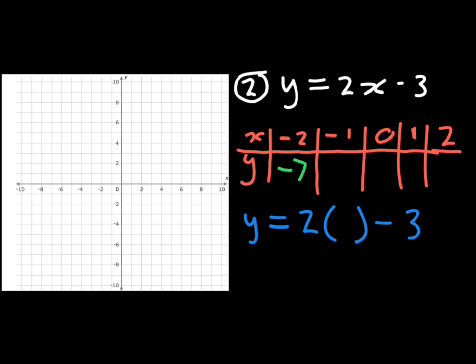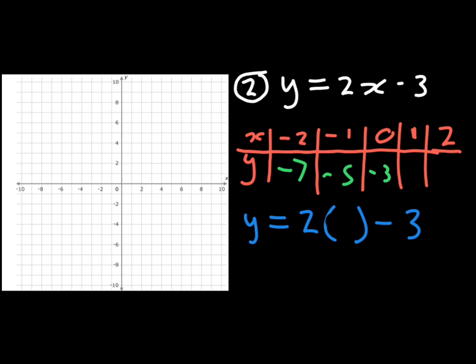Next, we have an x value of -1. So 2 times -1 is -2. Minus 3 gives us -5. Our next x value is 0. So 2 times 0 is 0. Therefore, y equals -3.